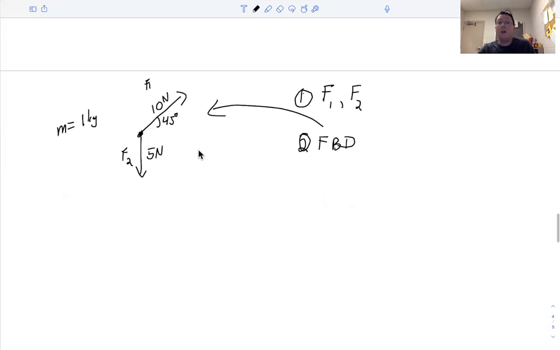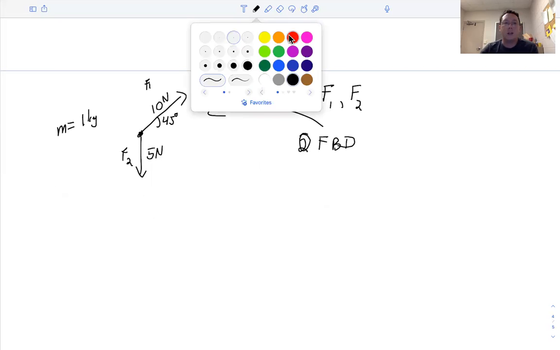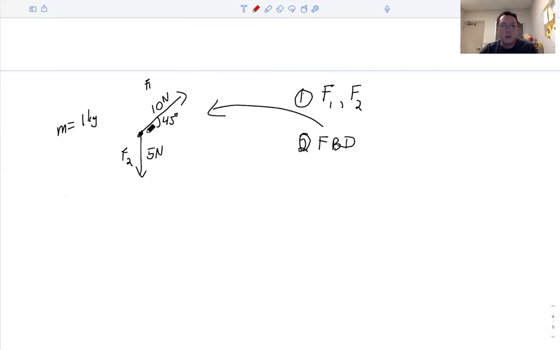And now it's almost the same as what we did before, but I have angles involved. And so I really need to work out an intermediate problem, and that's to work out the components. So I have to work out the X and Y components of force 1.